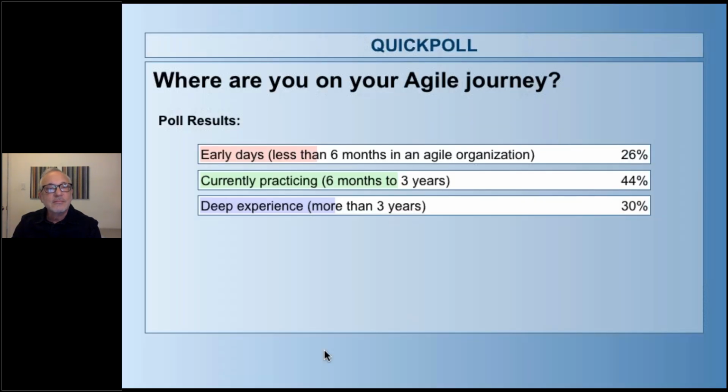Today we've got 44% that are currently practicing. A nice split though, and it's nice to see everyone's in a different phase right now. So with that information, let's get started on today's webinar. I'm going to hand the presentation off to Howard to get us started.